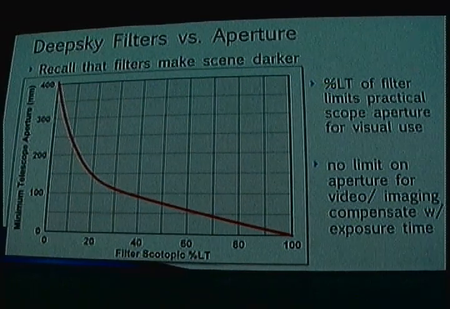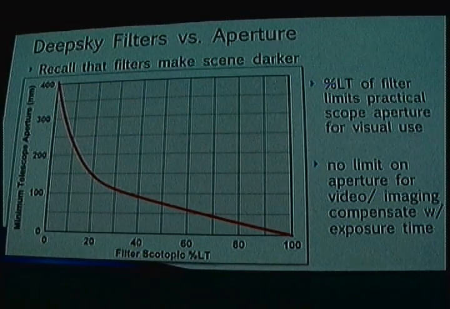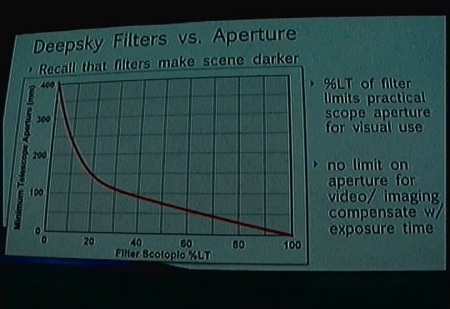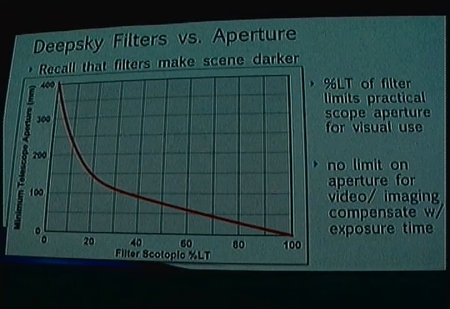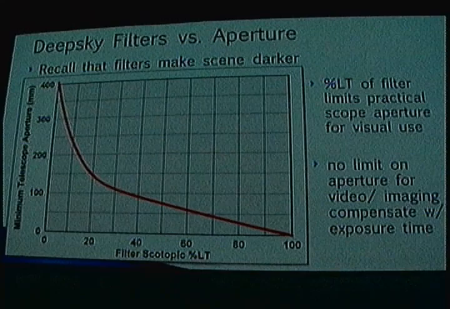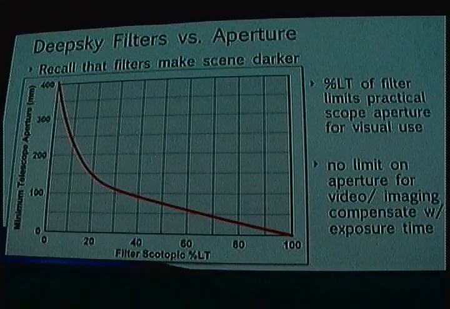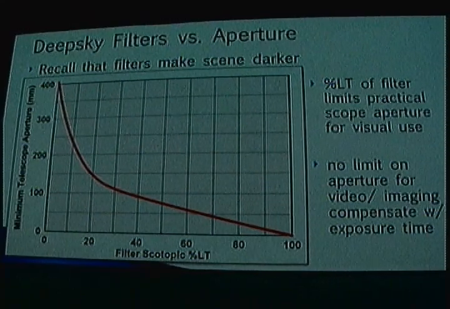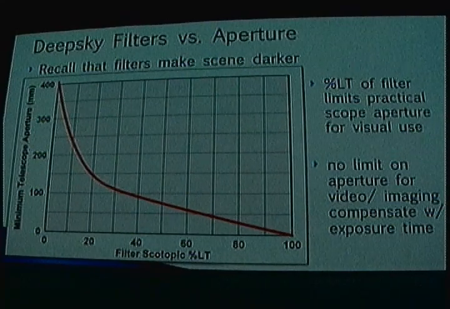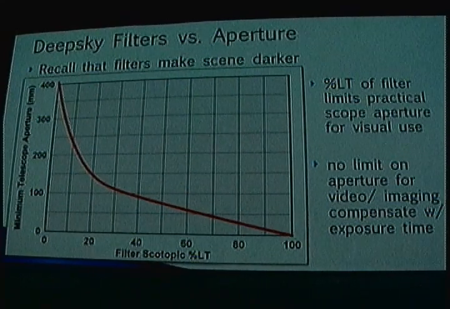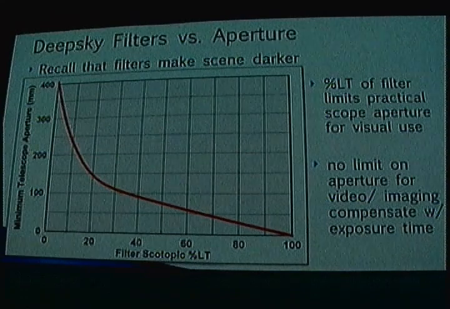Fairly big scope. Now, this is all based on my own personal experience. People with different vision and different objectives to what they want to see might have a little bit different results, but this is sort of a guideline for you of how to pick an appropriate filter for your size of telescope.